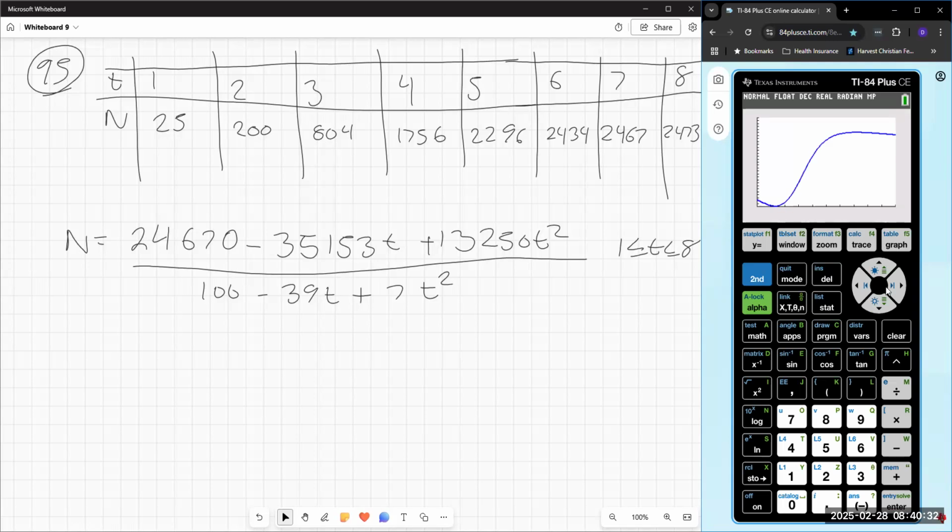So use the graphing utility to create the scatter plot of the data. So let's do that. Let's turn this off for a second. But let's go into stat, edit, and let's put our data in here.